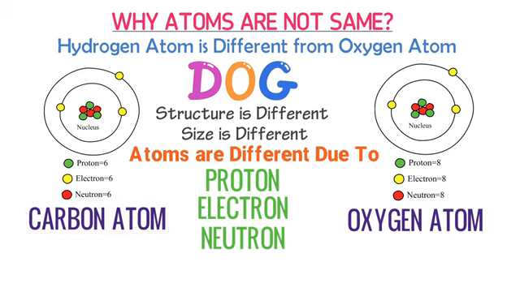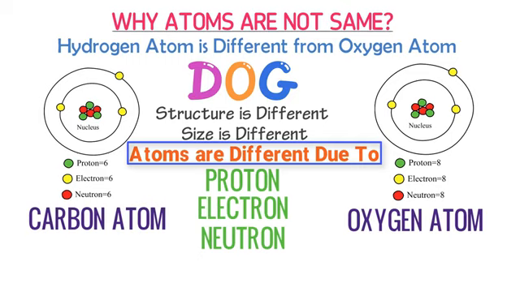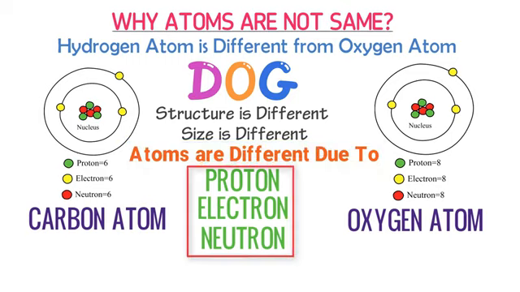Similarly, when we find an atom having 8 protons, 8 electrons, and 8 neutrons, we call it, yes, an oxygen atom. Thus, we learn that atoms are different from one another due to having different numbers of protons, electrons, and neutrons.